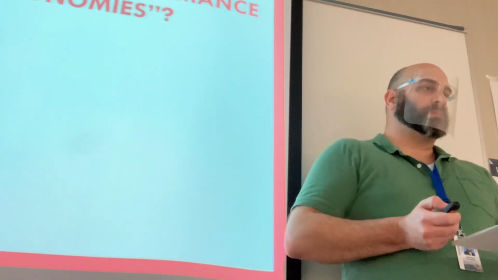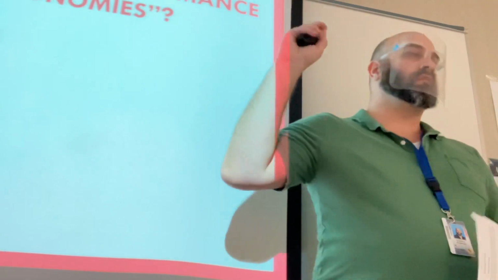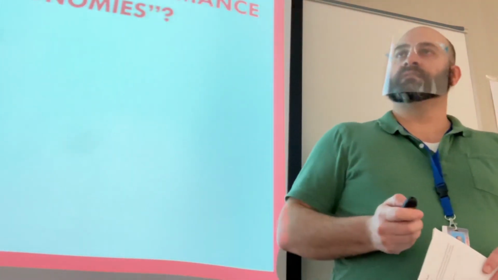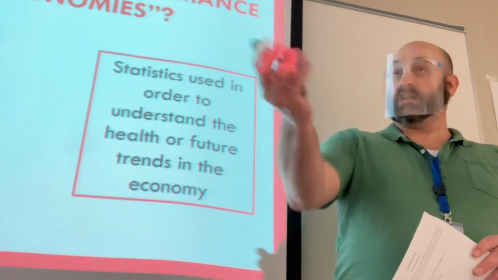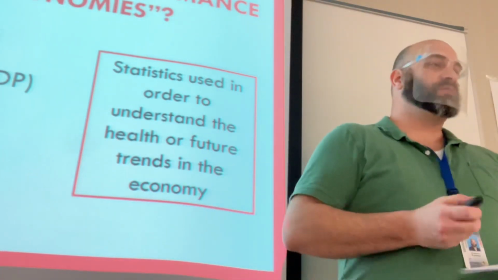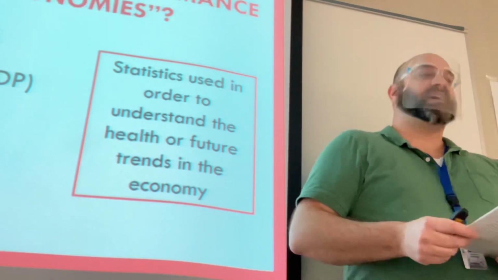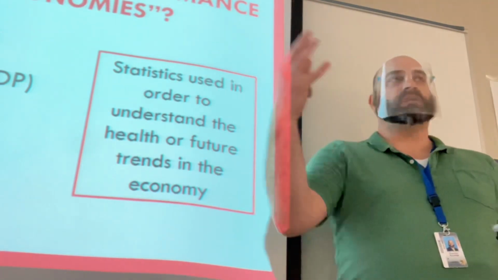How do we measure the performance of a national economy? There are three things. Does anybody know what those three things are? The economic indicators? Yes? GDP, inflation, unemployment rate. Unemployment rate and inflation. Yeah, perfect. Very good. These are the statistics that we use to understand the health of the economy. So when you think of these economic indicators, try to think of the country as being healthy.